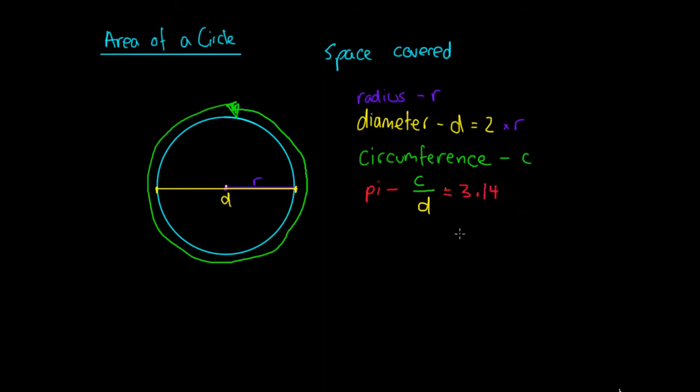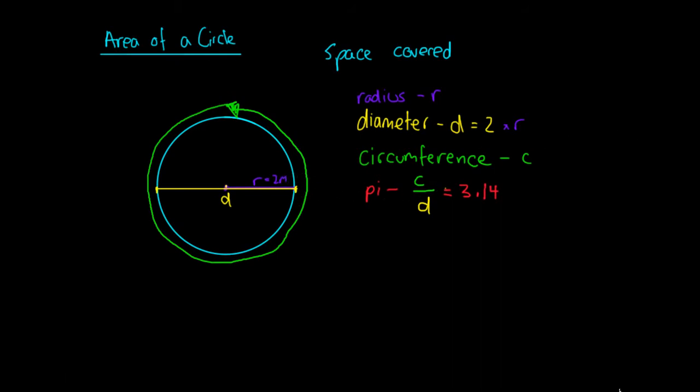If you go on the internet, you can find pi to a million places, but I'm just going to use 3.14 for this video because it's not really going to make that much of a difference. So if we look here, we want to find the area of a circle, and we have our radius, which in this instance is 2 meters.